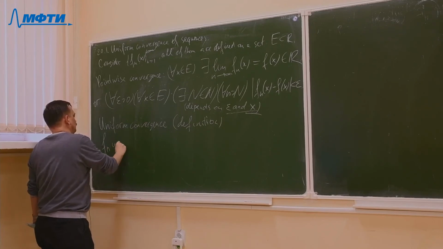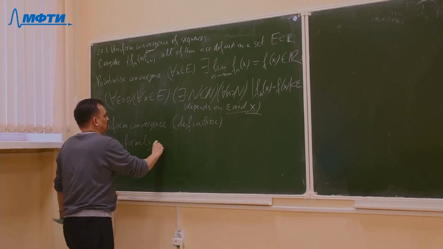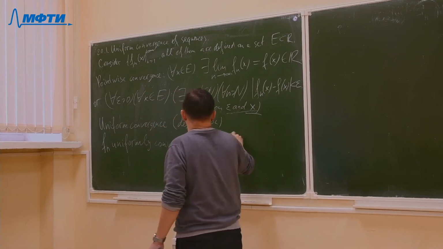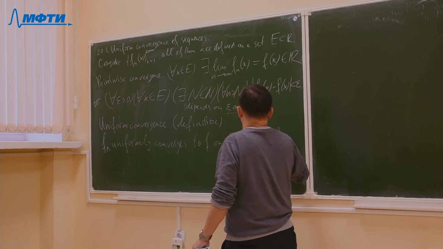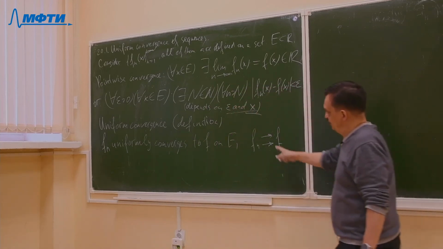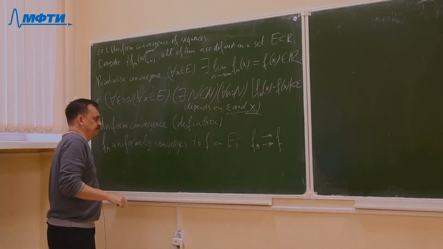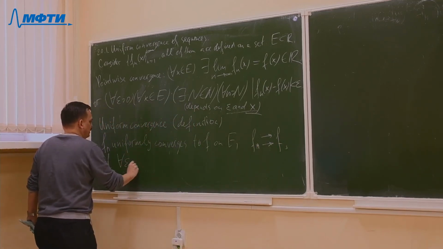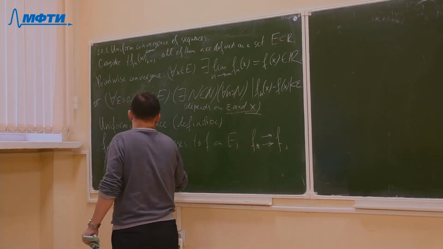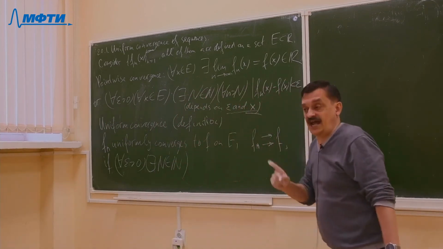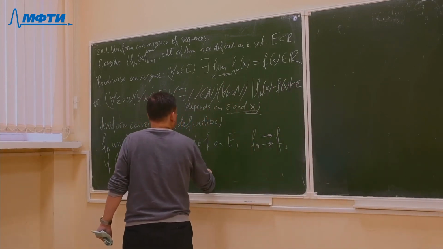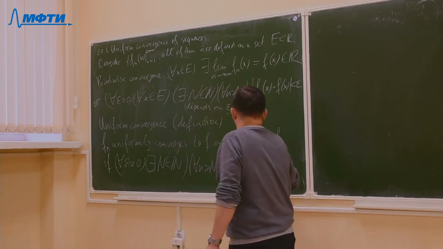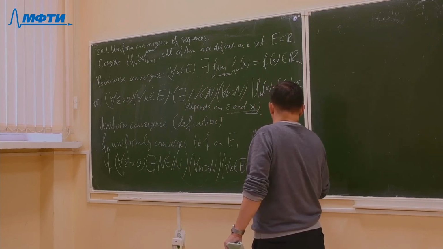Fn uniformly converges to f on E, and we also use such a notation for uniform convergence, two arrows simultaneously, if for arbitrary epsilon greater than 0, there exists one number N, one number for all x, such that for all n greater than capital N, and for all x in E, we have |Fn of x minus f of x| less than epsilon.